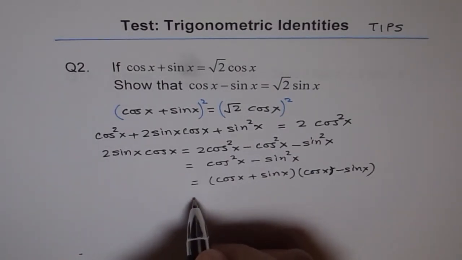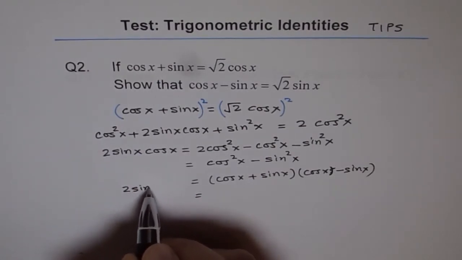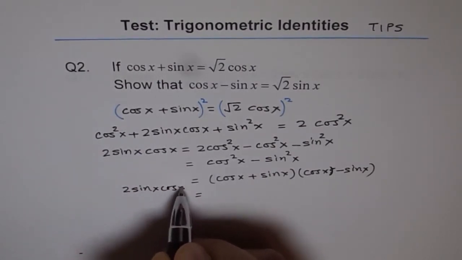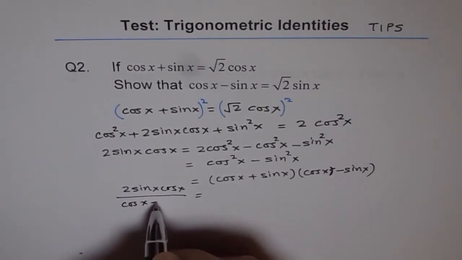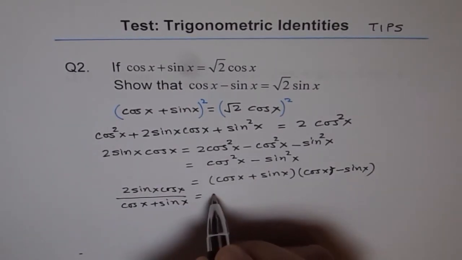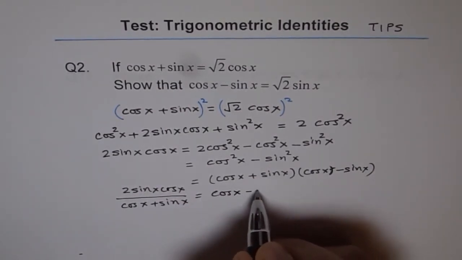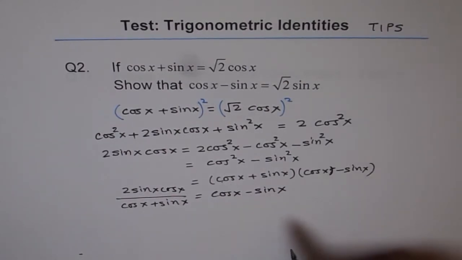So from here I can write 2 sin x cos x divided by cos x plus sin x is equal to cos x minus sin x. Correct? So I divided both sides by cos x plus sin x.